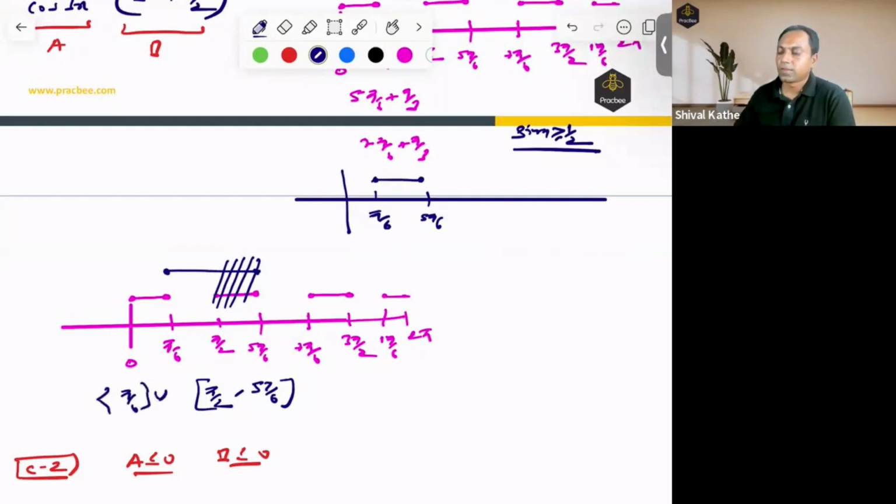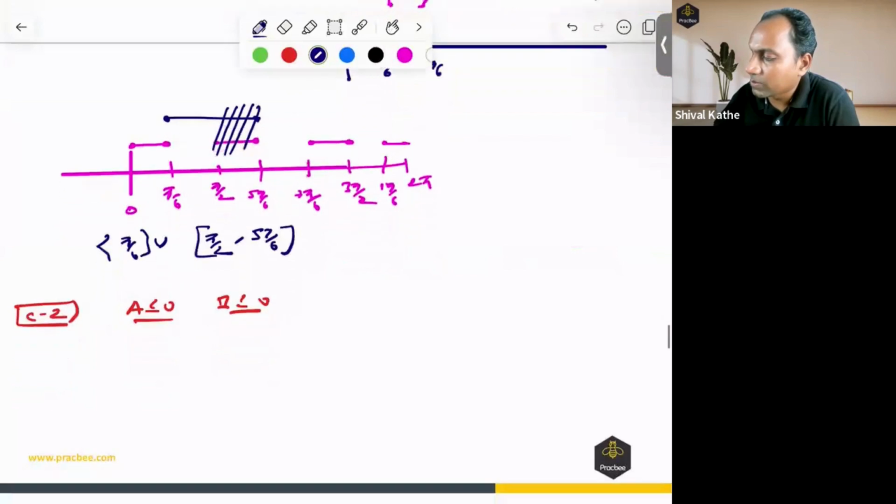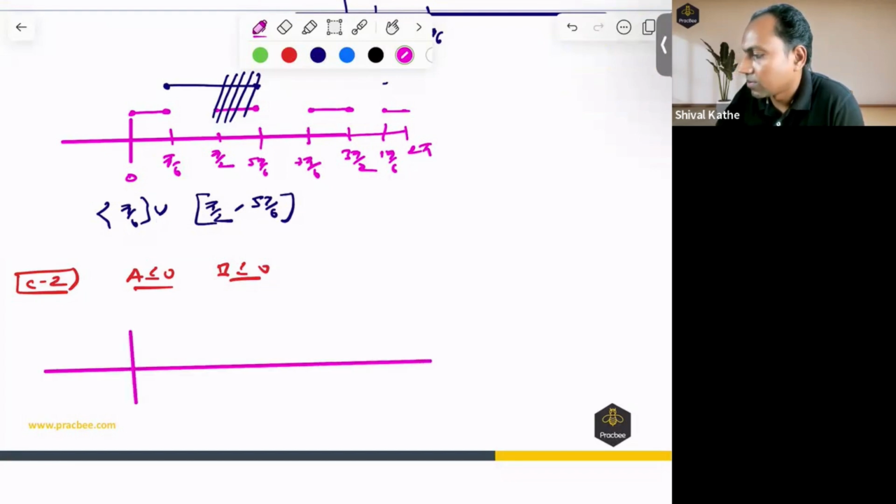Now, the next part says that both of them should be smaller than 0. So if this is the solution for greater than 0, what will be the solution for smaller than or equal to 0? The intervals will remain the same. So this is pi by 6, this is pi by 2, just the intervals will shift.